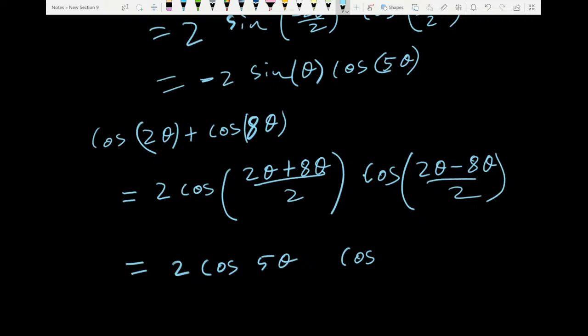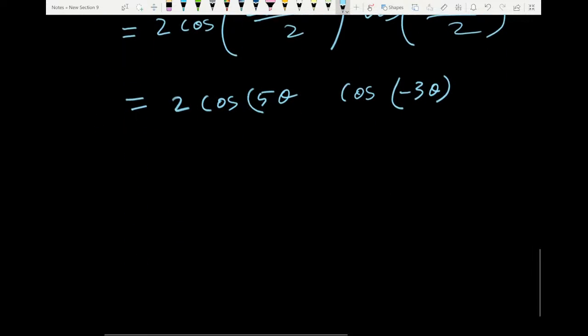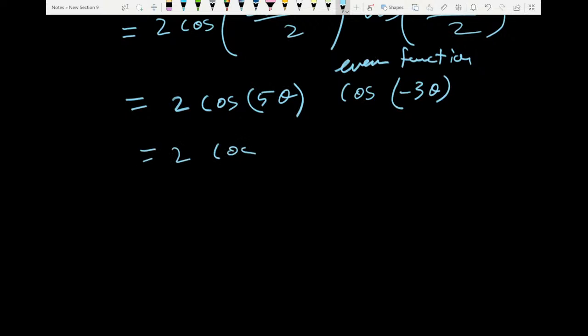I get cosine of, what is this? Negative 6 theta over 2, which is negative 3 theta. And we know it's an even function, so this negative goes away, and you get cosine of 5 theta and cosine of 3 theta.